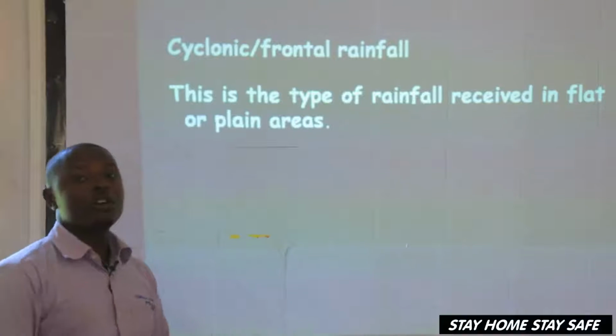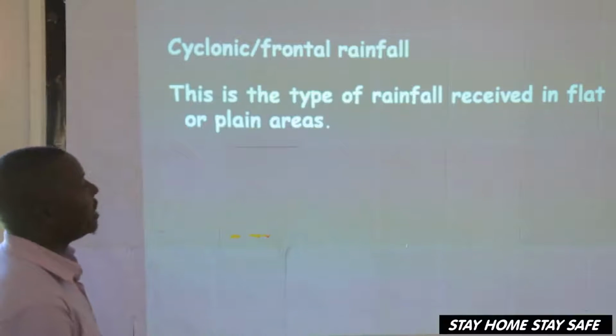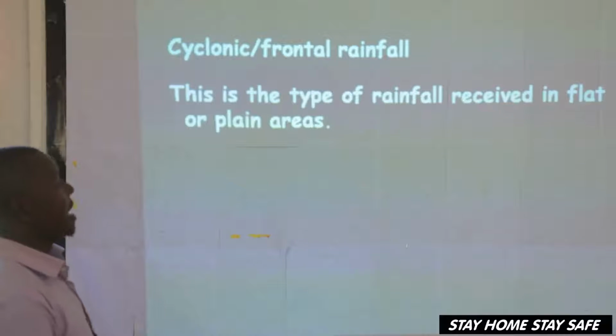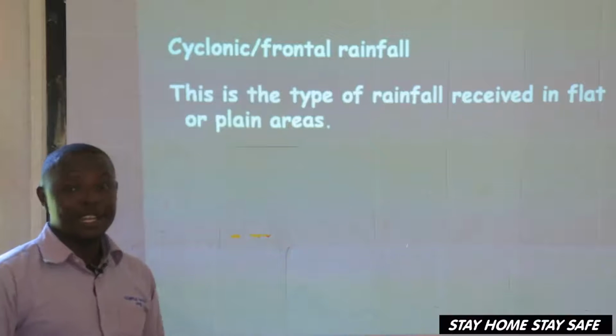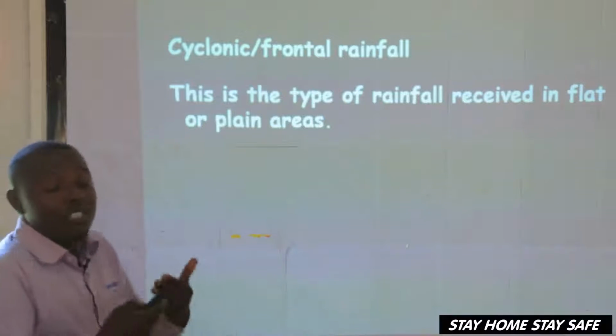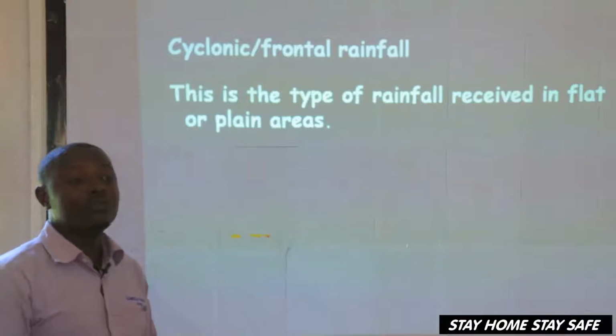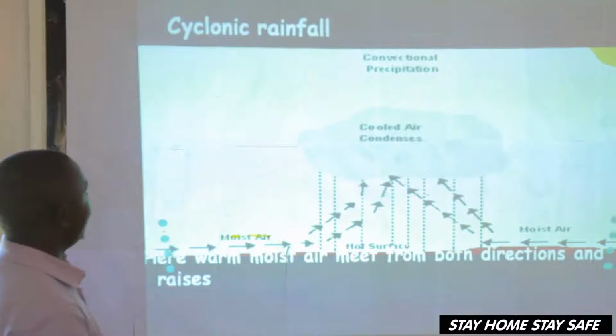cyclonic or frontal rainfall. This is a type of rainfall received in areas that are just flat or plain areas. Now, how is frontal or cyclonic rainfall formed? One, I want you to follow very well.